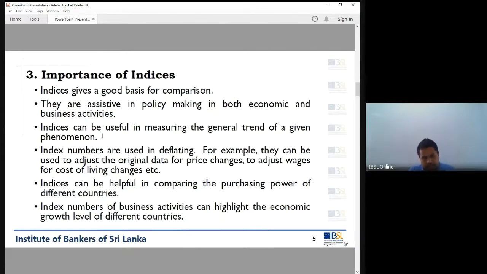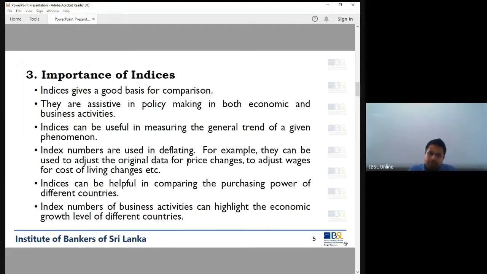I reiterate all these 5 to 6 points. The essence that we are trying to communicate here is that indices give a stronger and an easier way to do comparison. Sometimes indices can be very helpful in deflating or inflating certain numbers for you to take decisions.